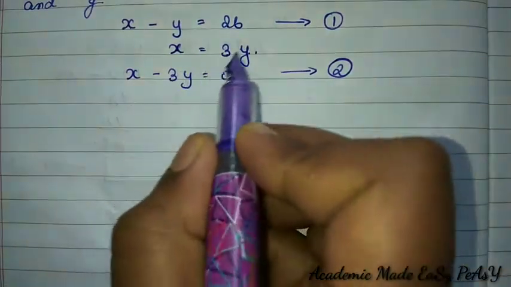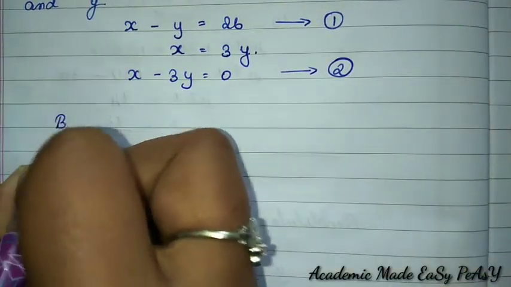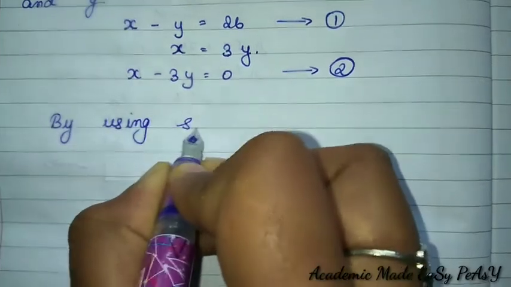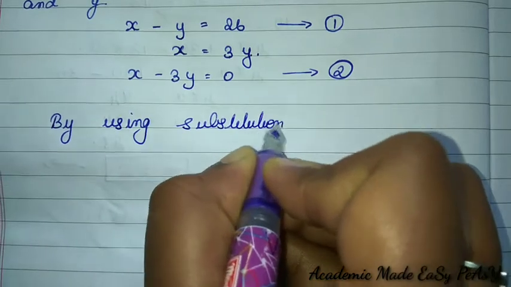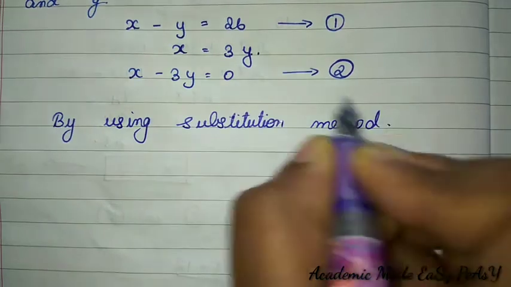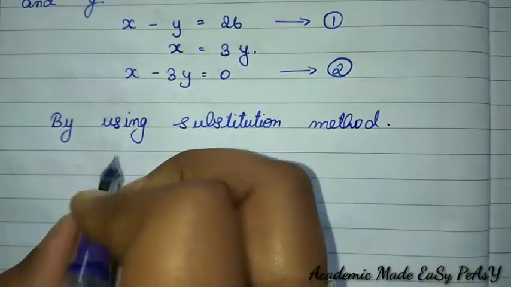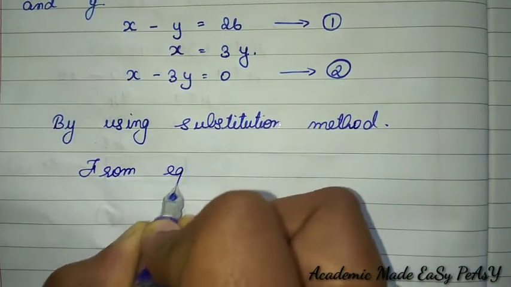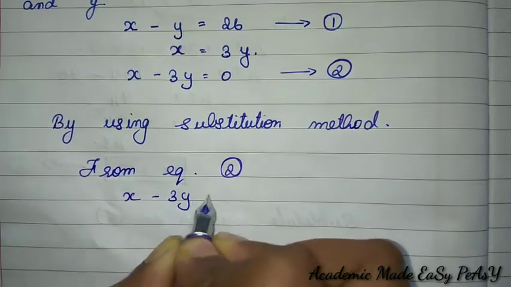So now I have got these two equations. Now by using the substitution method, let me take equation 2. From equation 2, x minus 3y is equal to 0.